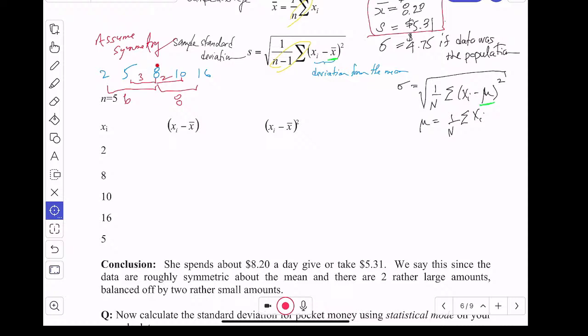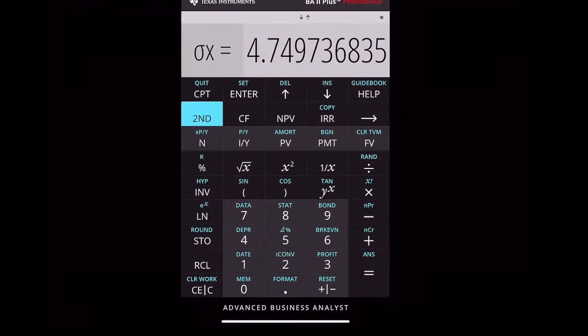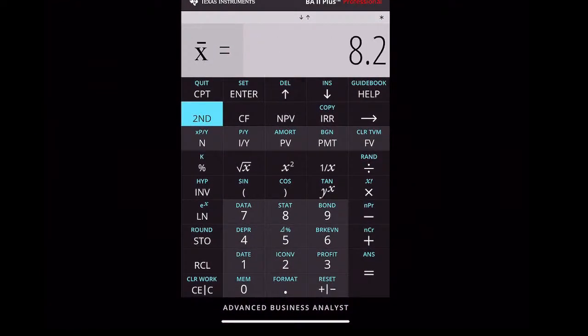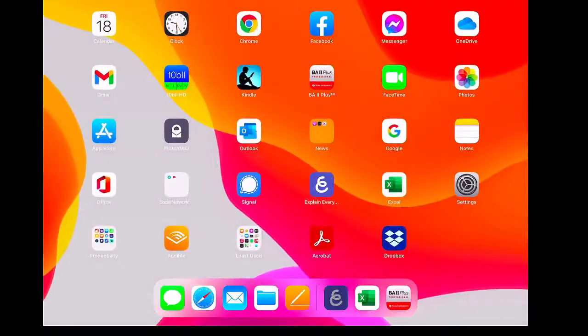Now, that's not the mean. The mean is actually $8.20, right? The mean is actually $8.20.